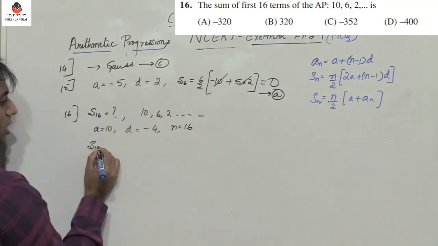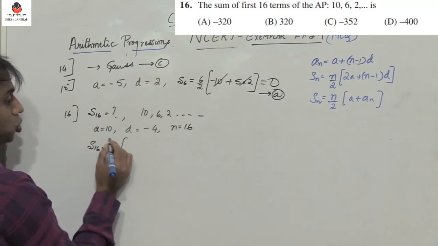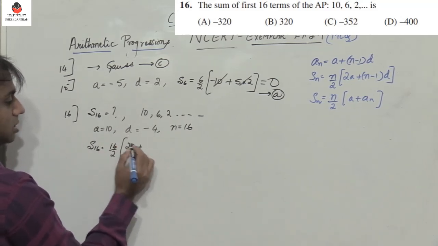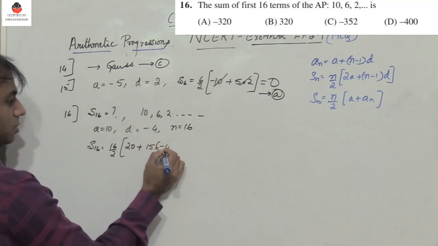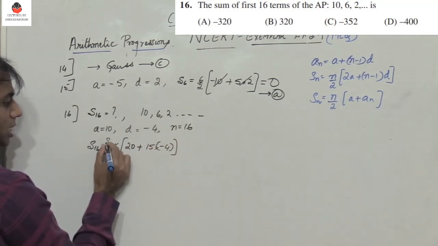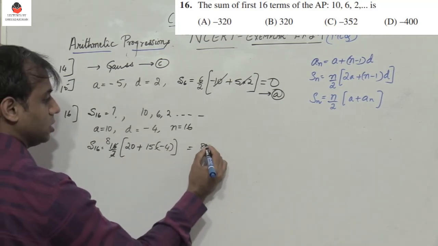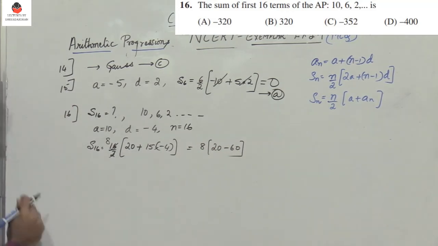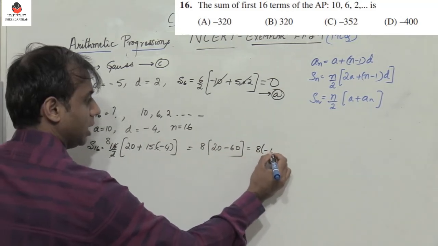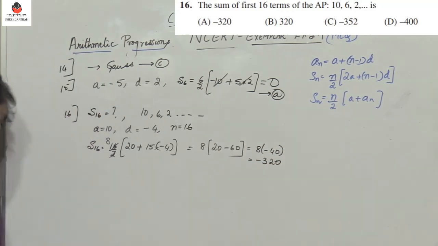So S16 is n by 2, which is 16 by 2 into 2 into A is 20 plus n minus 1. 16 minus 1 is 15 into D is minus 4. So this is 8. So you get 20 minus, so this is 8 into 20 minus 60, which gives me 8 into minus 40, which is minus 320. So the right option is option A.